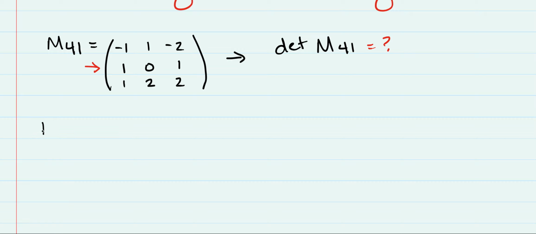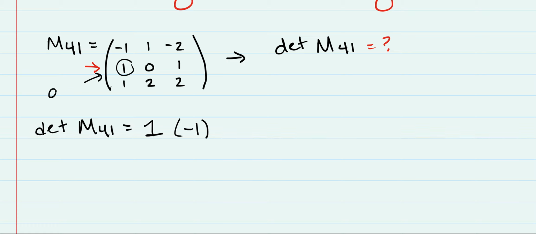So then the determinant of M41 is 1 times negative 1 to the, now this is the A2,1, so 2 plus 1. Now this A doesn't correspond to the original matrix. This is a new matrix, so that's why I put this little prime here. Times the determinant of the minor matrix, and let's call it a different minor.